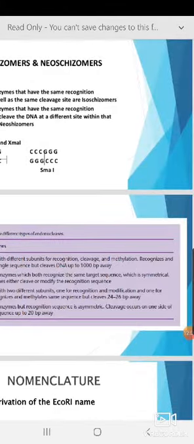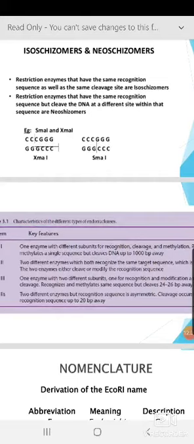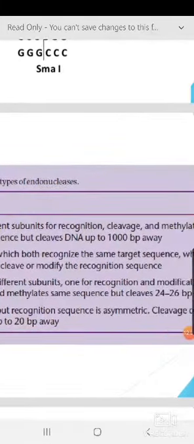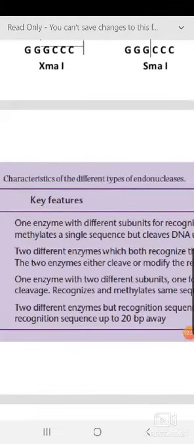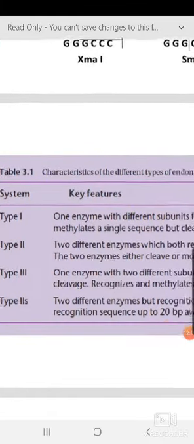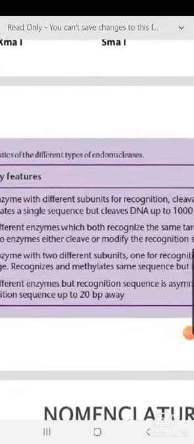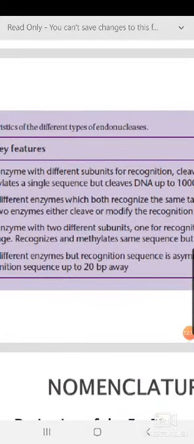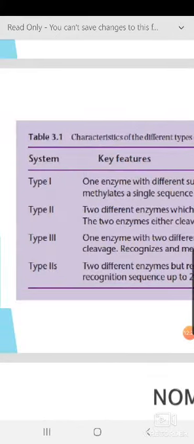The thing is that they recognize a sequence but they cleave the DNA up to 1000 base pairs away. So it recognizes a single sequence but cleaves the DNA up to 1000 base pairs away. Another thing, they modify before they cut. This is not written, I'm just mentioning.